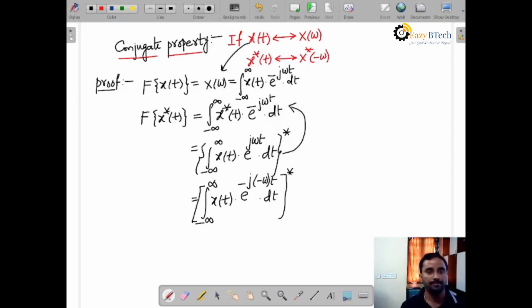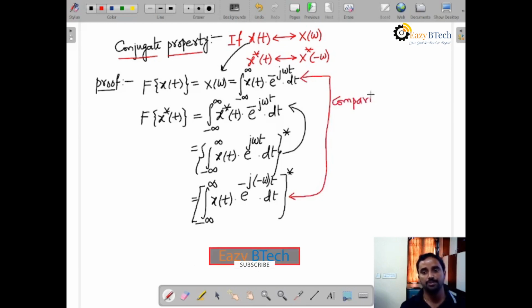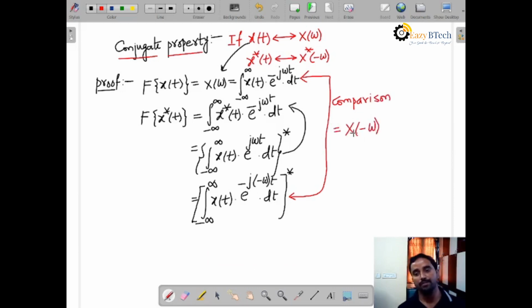Compare the Fourier transform integral and this integral. After comparison, this integral is x of minus omega: in place of omega we have minus omega, and the star is as usual. So finally we got the Fourier transform of x star of t equal to x star of minus omega.